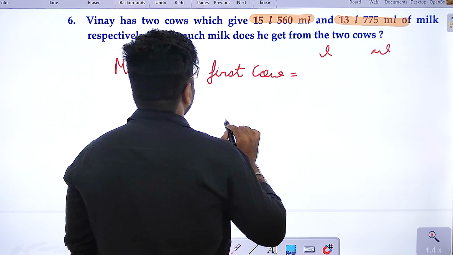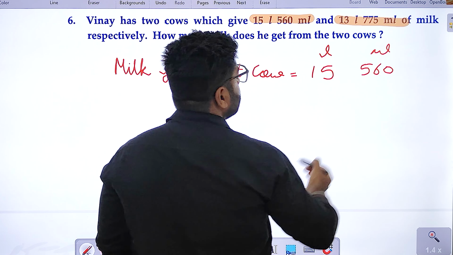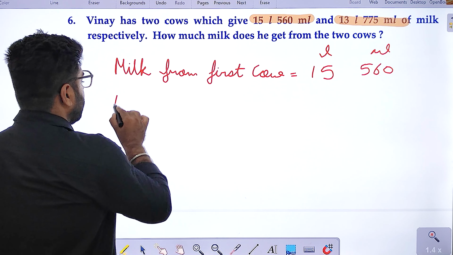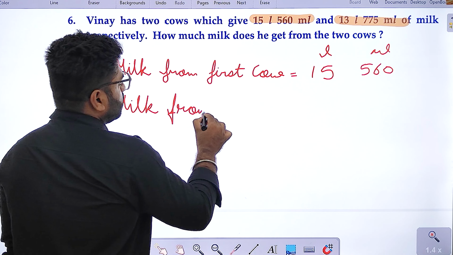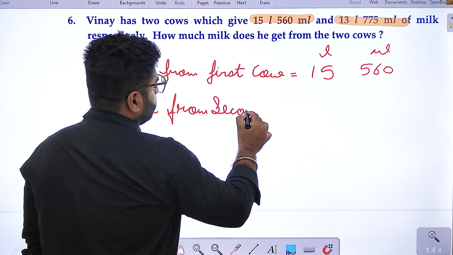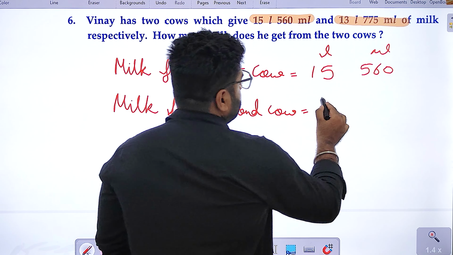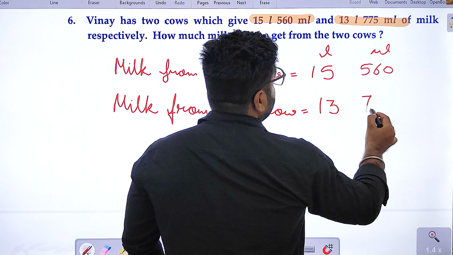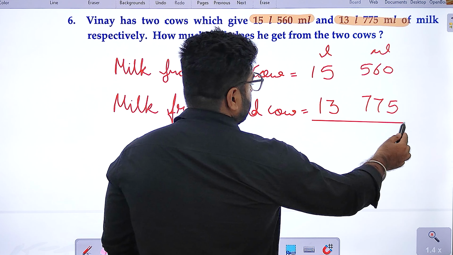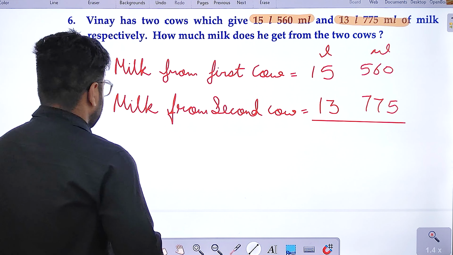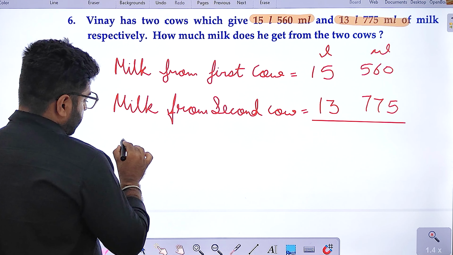Milk from the first cow is 15 liter and 560 milliliter and milk from the second cow is 13 liters 775 milliliter. Clear? Now we have to find out the total quantity of milk.